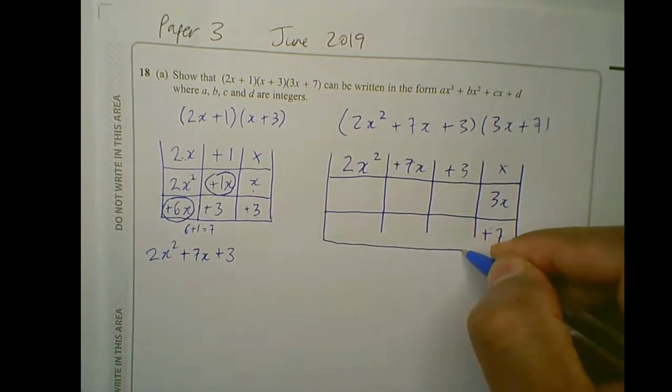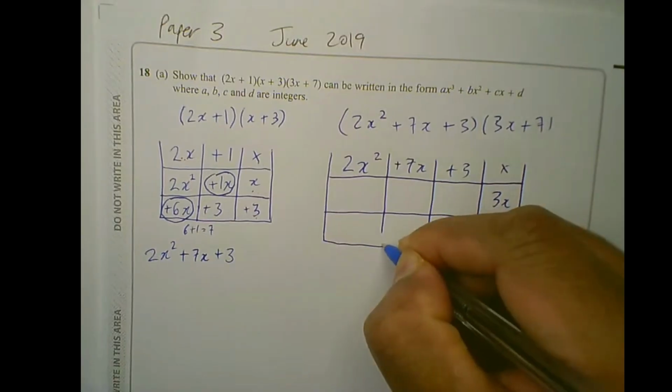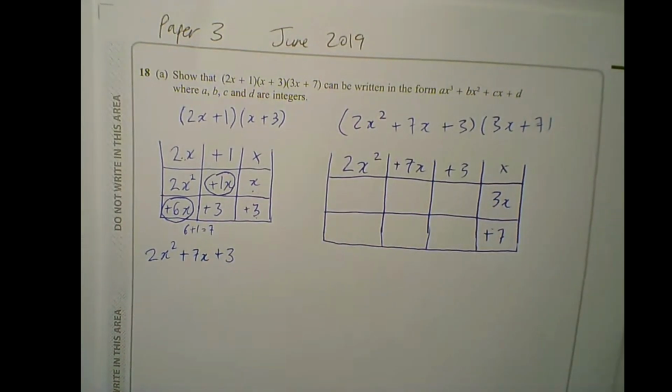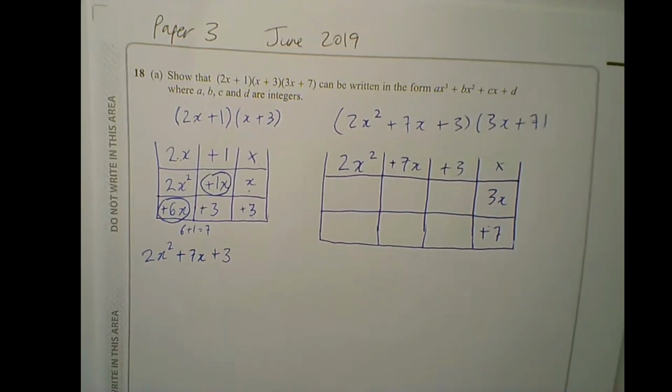Now you can use other methods, which is fine. I'm using the grid method. By using this method, I'm more likely to get 2 marks out of 3 if I make any silly mistakes, and I can spot mistakes if I make them. It just makes it easier.